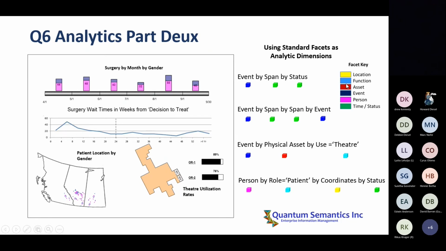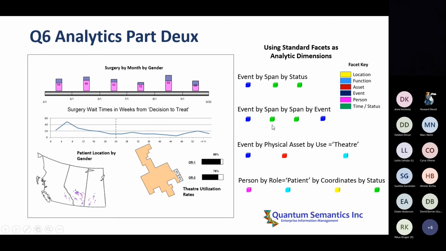A quick explanation here of how these dimensions work. Anybody who's done any sort of data warehouse or SQL queries will recognize this. I want to look at all of the events by when they occurred and what their status was. I want to look at events by span within a span.